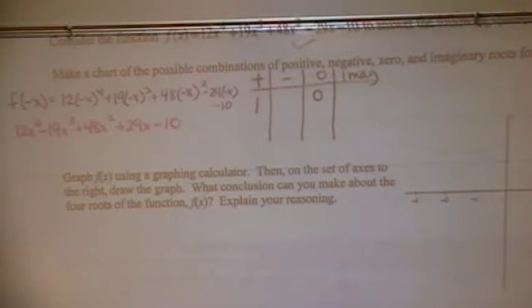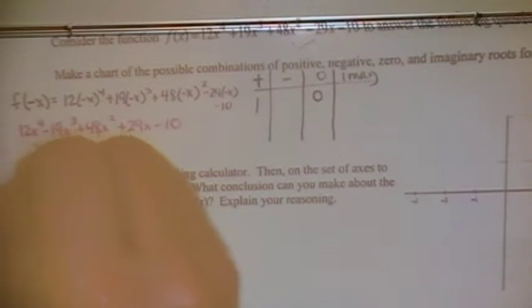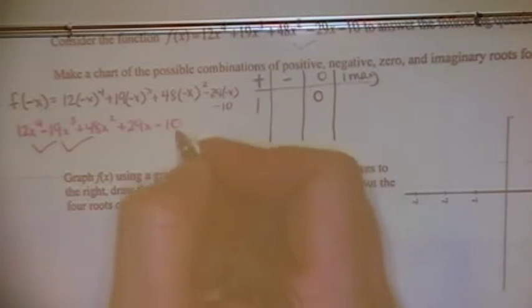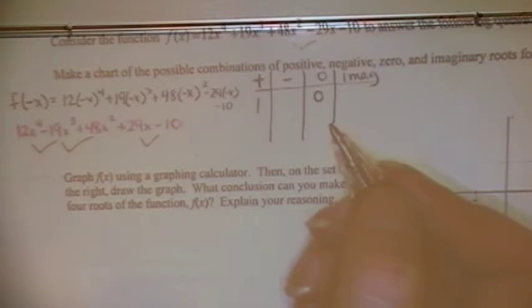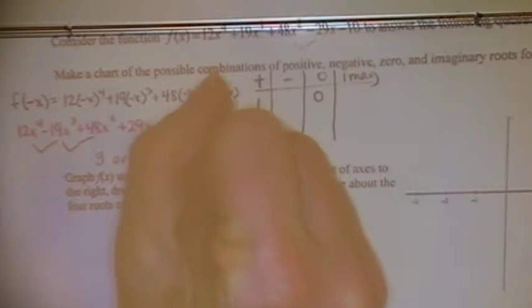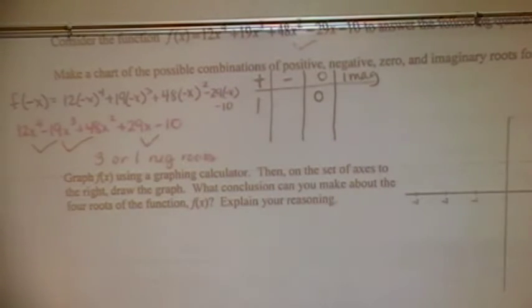Simplify, count sign changes. 1, 2, 3. Okay, so there's going to be 3 or 1 negative roots.